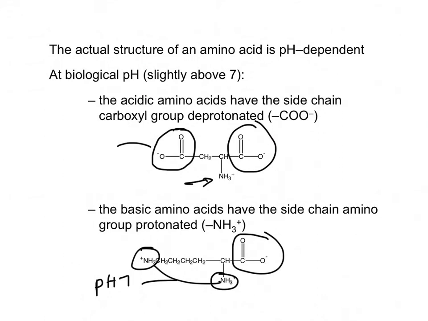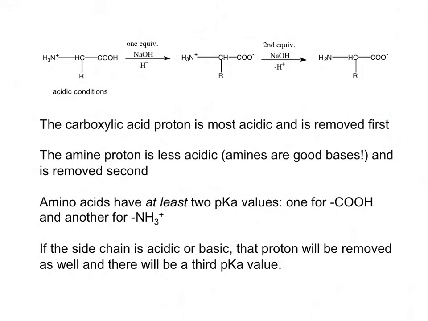Okay. Next one. All right. So this slide is showing you an amino acid, and the side chain is neutral. We're just going to go with a neutral side chain. So initially, under acidic conditions, it has a positive charge, net positive.